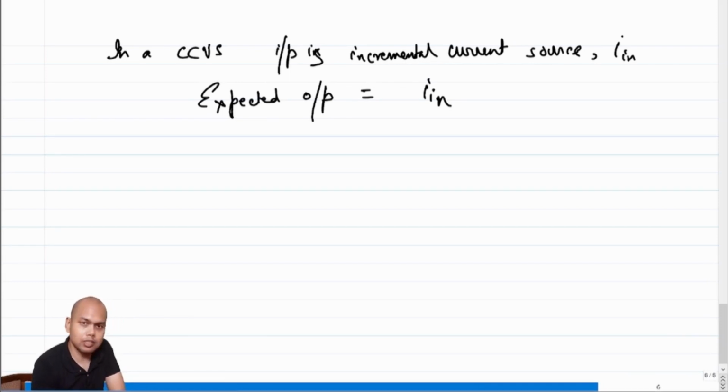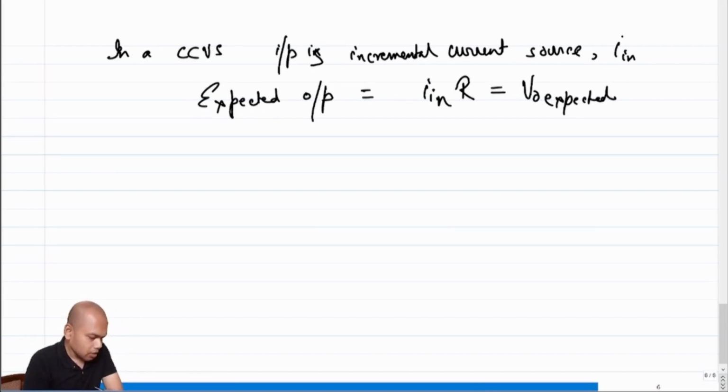That constant, let's say, is R. So it's a voltage source at the output. Input is current, output is voltage, which means there is a change in unit, so the proportionality constant, if you have to go from current to voltage, is a resistance. So the expected output is I in times R. This is V0 expected.